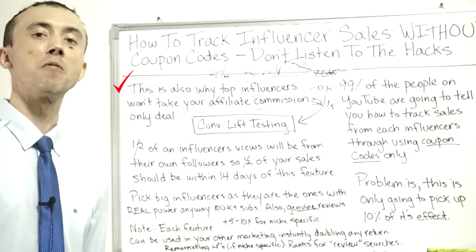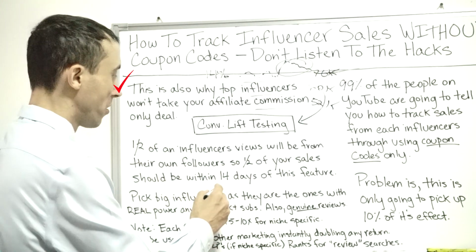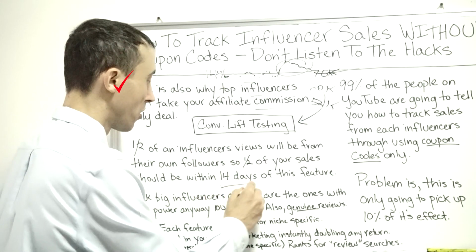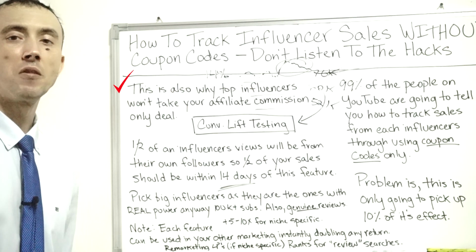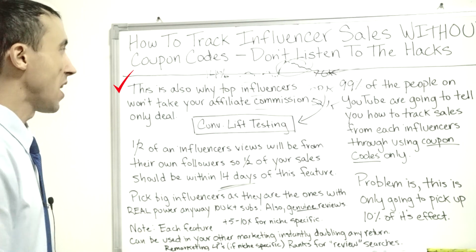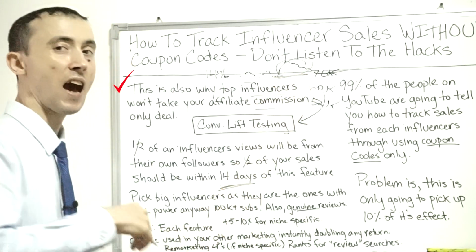The other half is going to come from non-subscribers, roughly speaking. And the views they get from their subscriber base, they're going to get 90% of that within the first 14 days. So what you're going to simply do is see how your sales are affected in the 14 days directly after the mention.